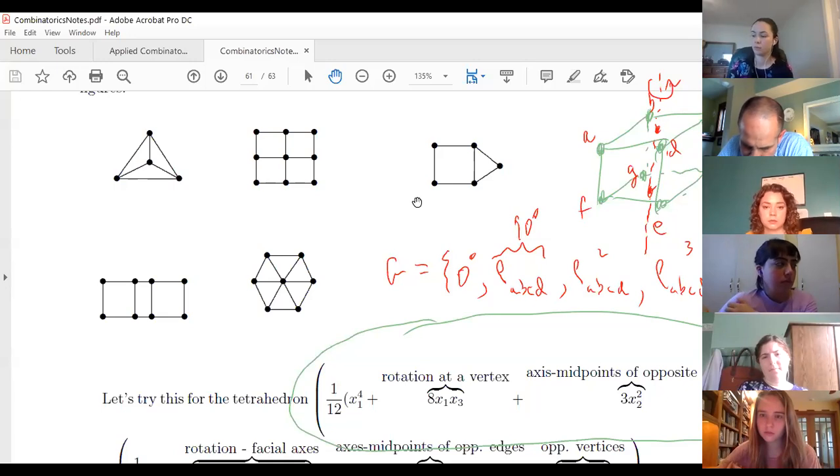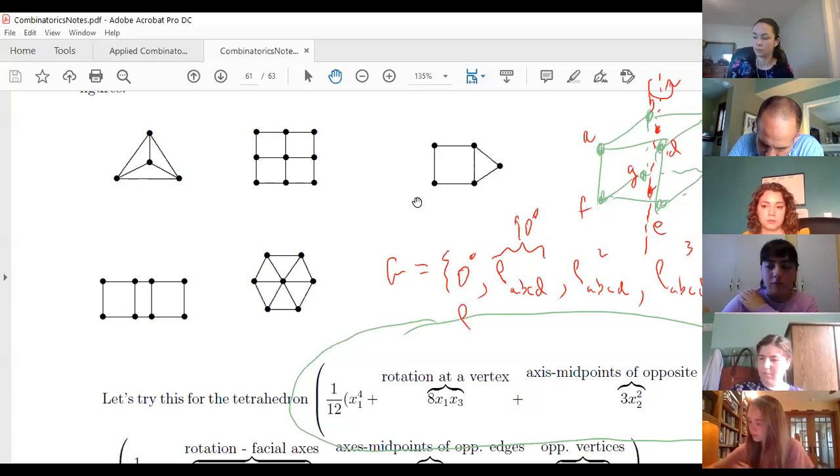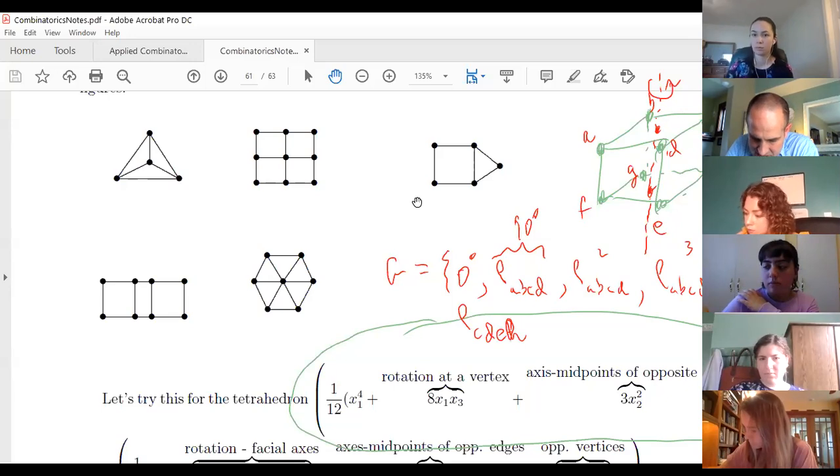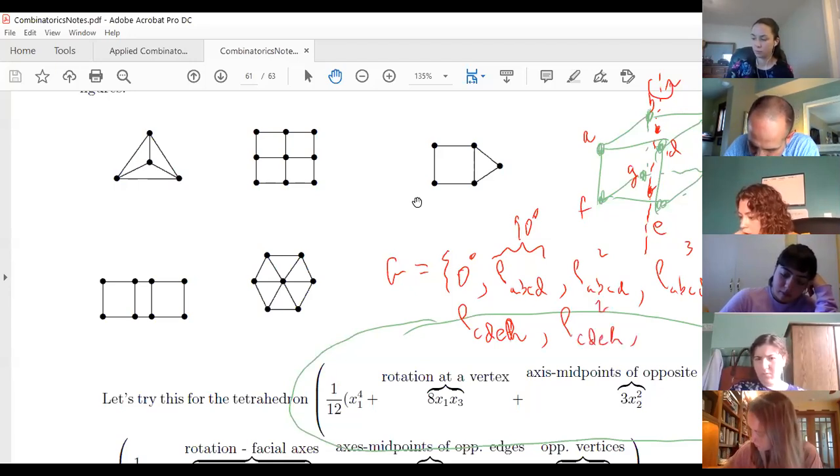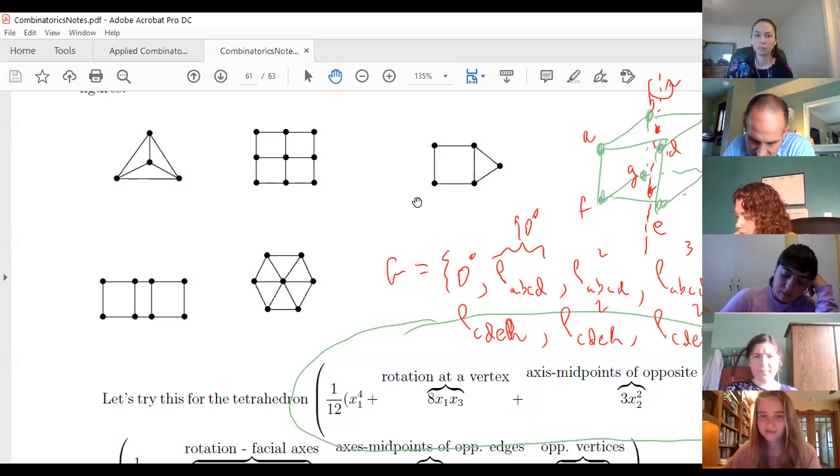Let's do C, D, E, H or something like that. Row C, D, E, H, that's the face corresponding to C, D, E, H. And then I would have to square that and cube that. And finally, what other one would I need?